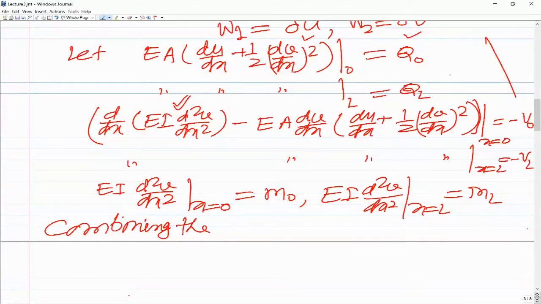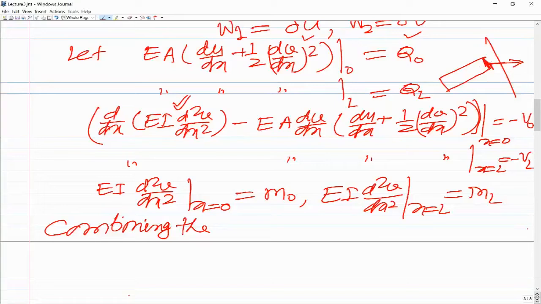So when you look at a particular location x, the shape of the beam is like this. The axial force which will be there is going to be EA into the axial strain, so EA into du by dx plus half of dv by dx whole square.